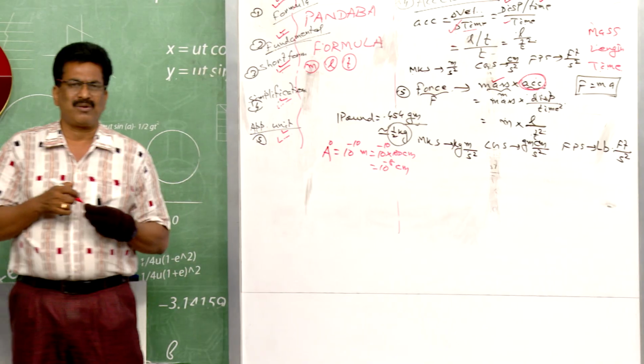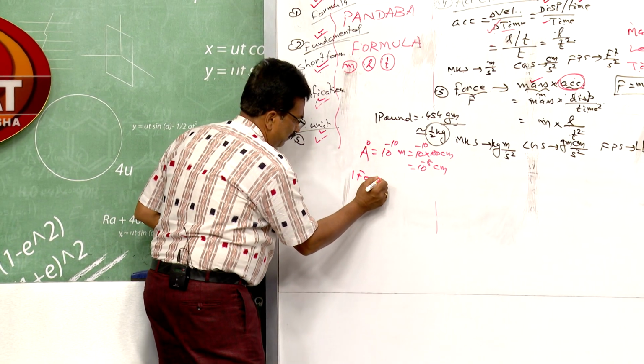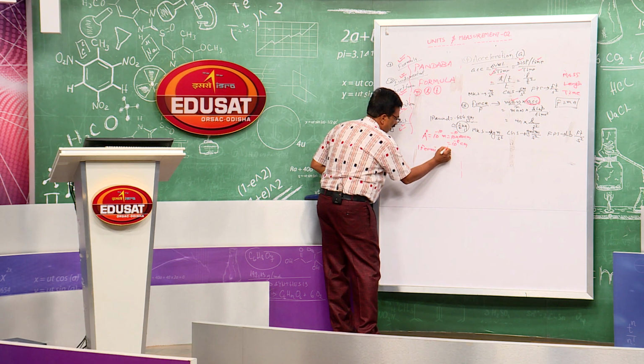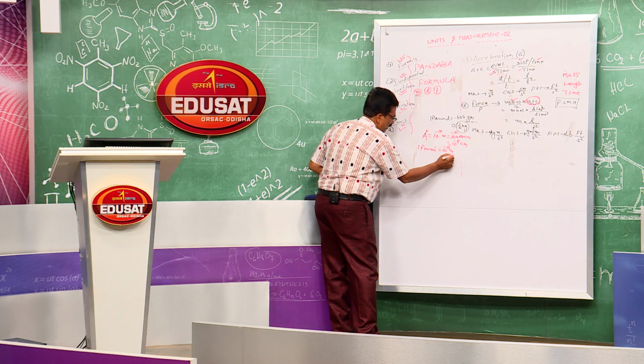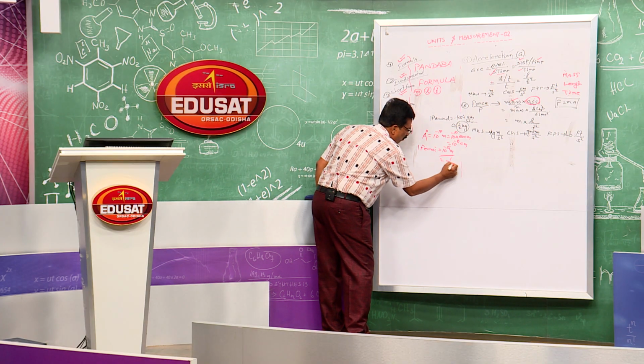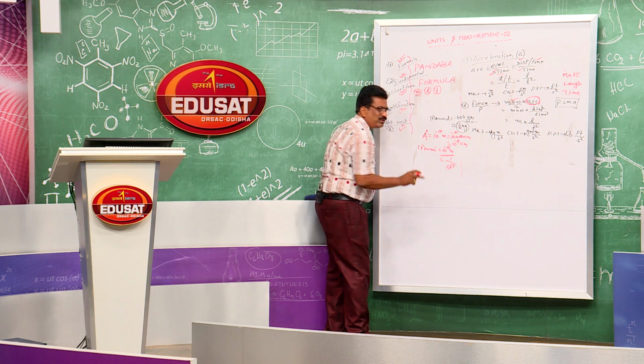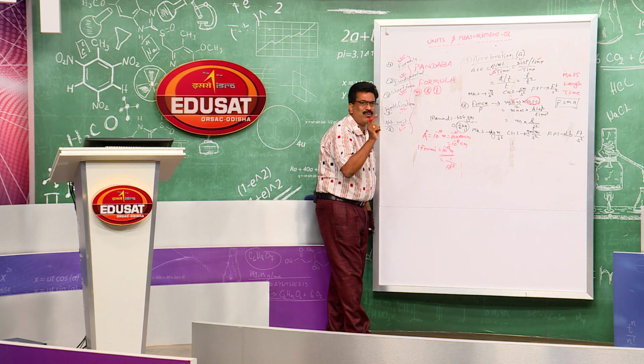Another unit is the Fermi. One Fermi is equal to 10 to the power of minus 15 meter. These are the shortest units, 10 to the power of minus 15 means 1 by 10 to the power of 15. If it is 1 by 10 to the power of 7, that is 1 crore.